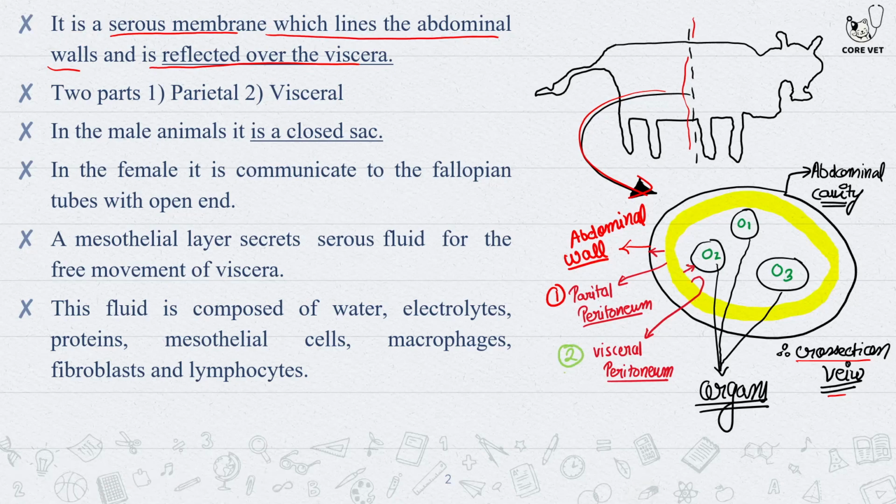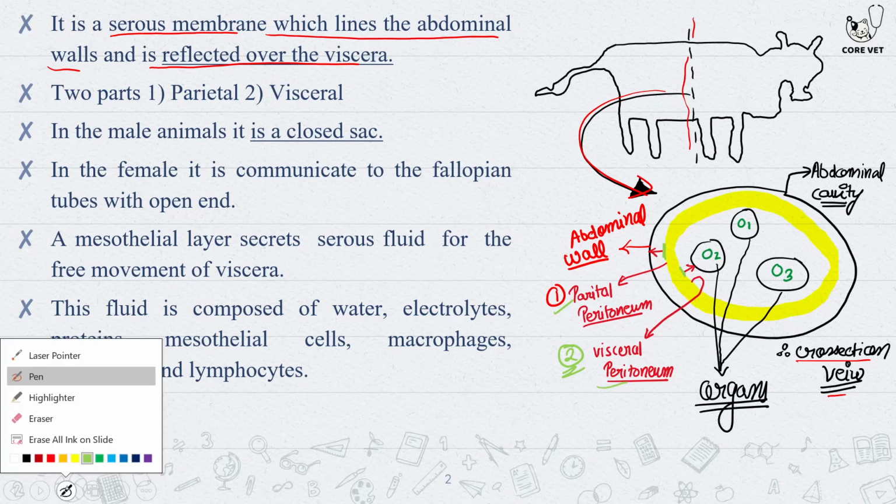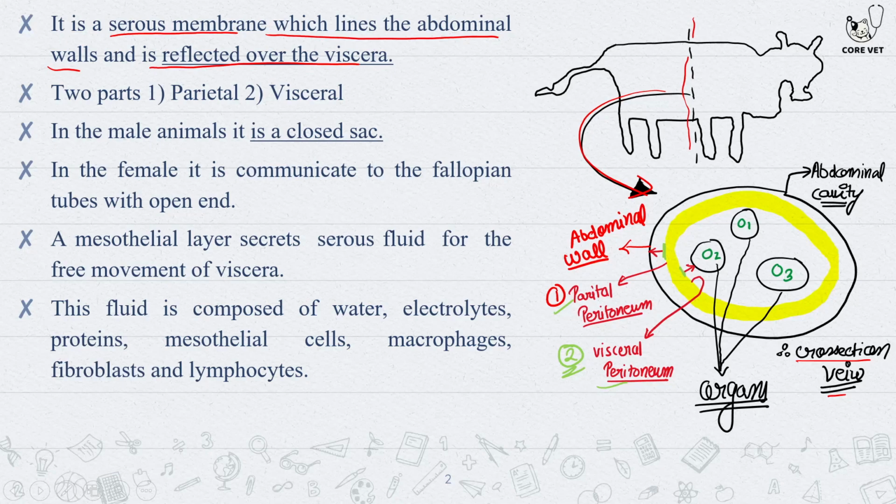Your second part, the visceral peritoneum, right? The one facing the abdominal wall is the parietal peritoneum, and the one facing the organ or the viscera is the visceral peritoneum. I hope this part is clear, right?